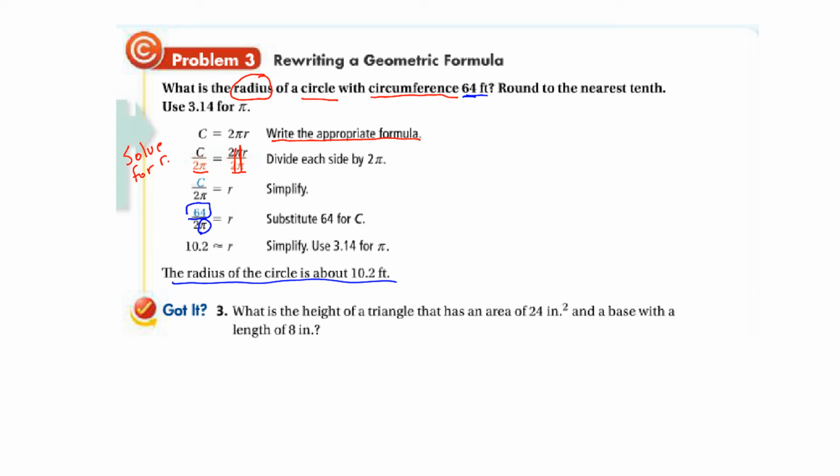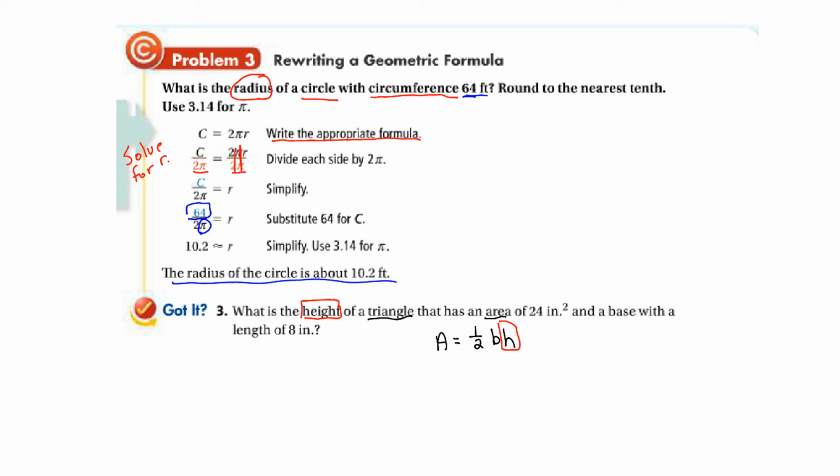Then I can use my formula for a triangle, which if I look up the formula for area of a triangle, I see that the area equals 1/2 base times height. So that means I want to solve for my height. I want to get this h here by itself.